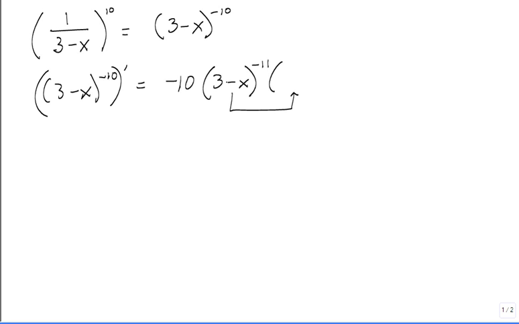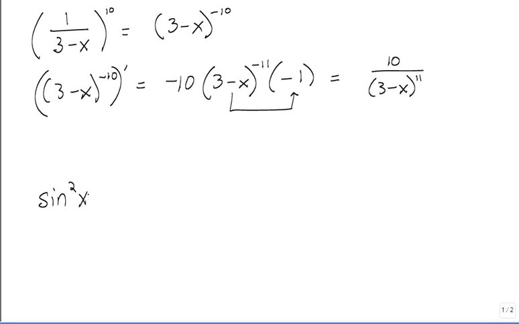Derivative of 3 is 0, negative x. The derivative is negative 1. So the answer is going to be 10 over 3 minus x to the 11th. Remember, the negative exponent puts it in the denominator. And let's try one more.